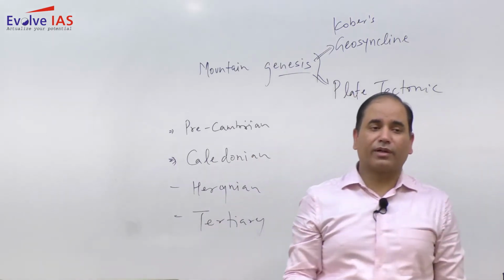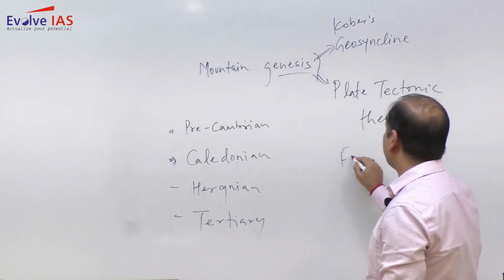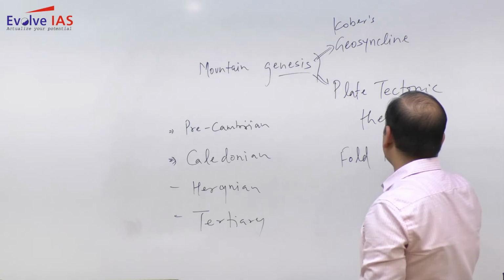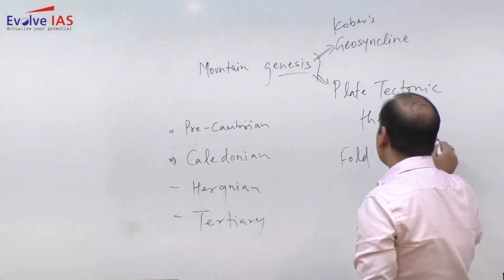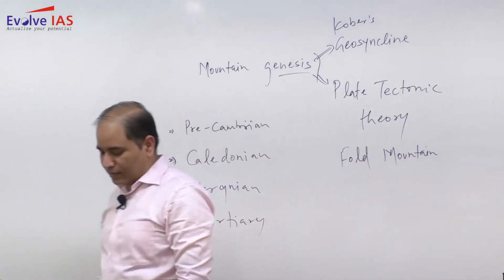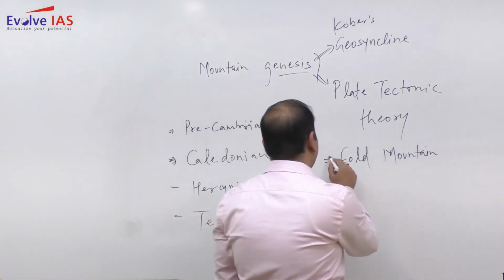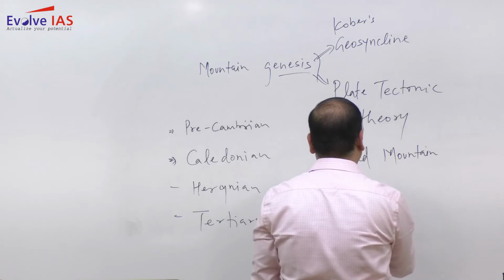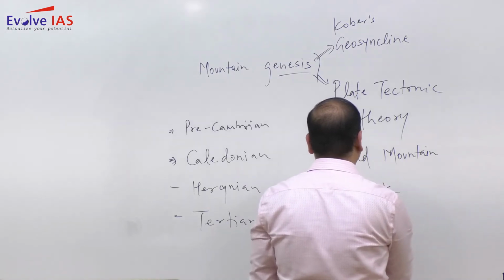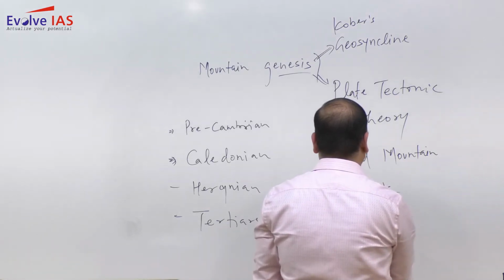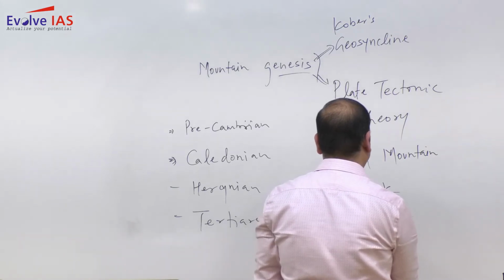Also we have one more very popular classification, like fold mountains. Fold mountains are referred to as true mountains because all the other mountains are only mountain-like structures. So we have fold mountains, block mountains, volcanic mountains, and relict mountains.